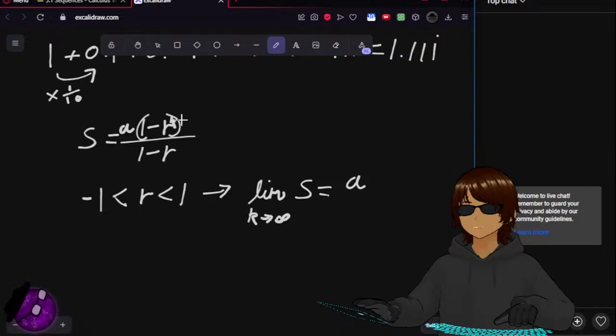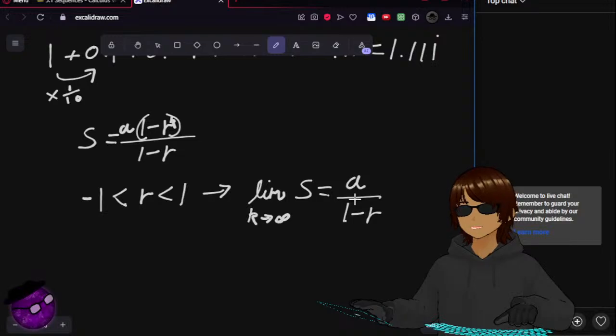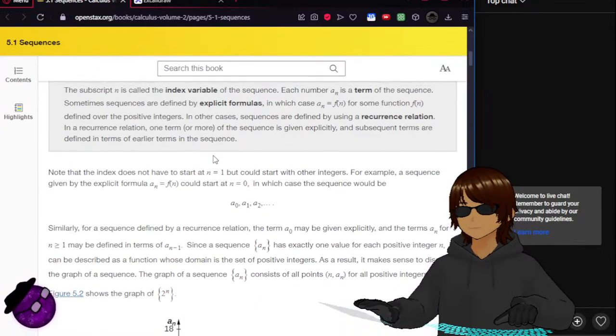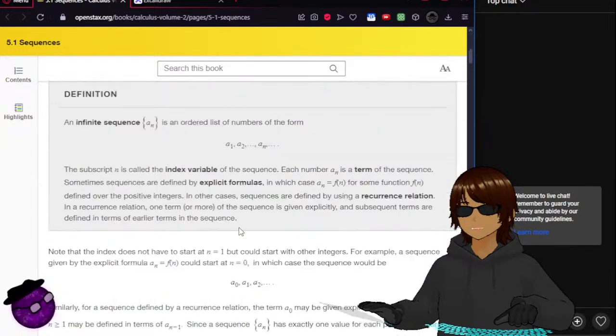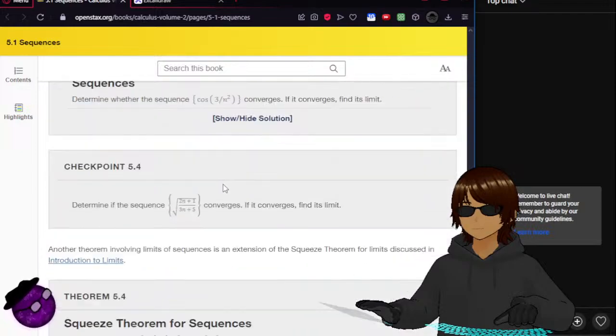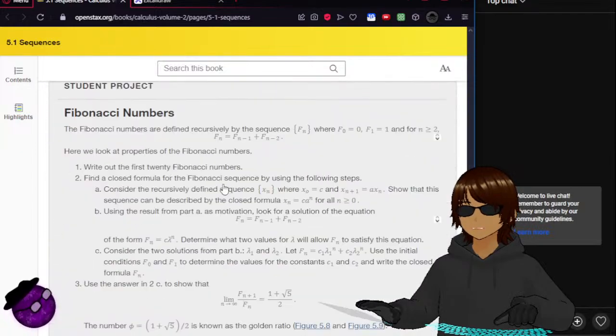If we take it to the power of infinity and r is between -1 and 1, then r to the power of k would approach 0. And 1 minus 0 is 1, so a times 1 is a. So when it goes to infinity, the sum is a over 1 minus r. Okay, that's the main part.